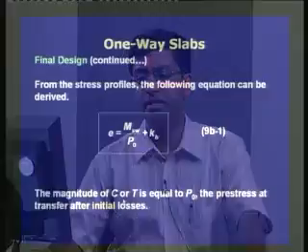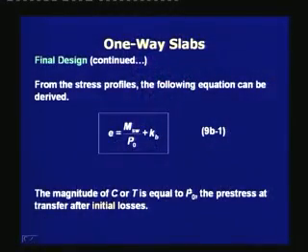And this is a function of the self weight moment, the prestressing force at transfer P0, and the distance of the bottom kern point from CGC. The magnitude of C or T is equal to P0, the prestress at transfer after initial losses.